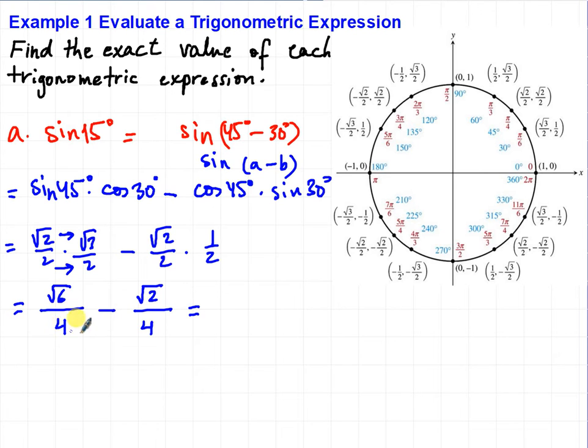When you subtract fractions, we have to make sure that the denominators are the same. Here they are already the same, so I take the common denominator 4 and write the two numerators in the same fraction: radical 6 minus radical 2 over 4. And that is the exact value of sine 15 degrees.